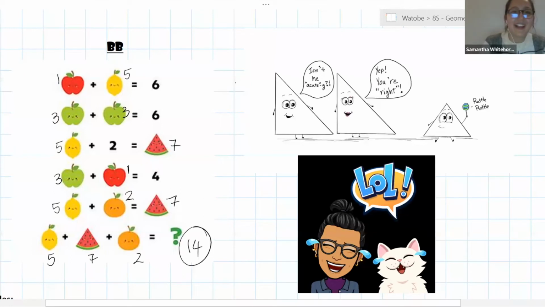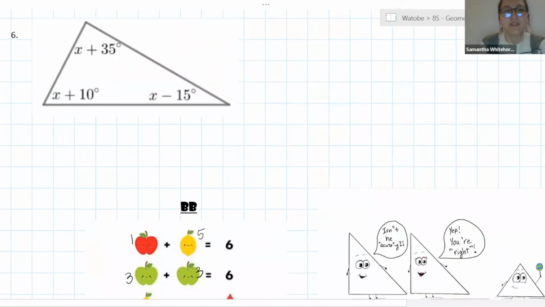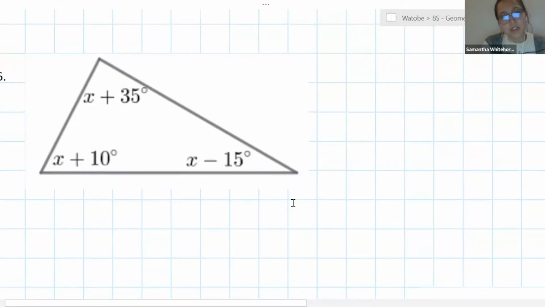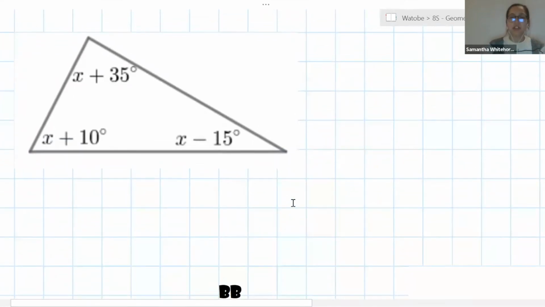Let us have a look at something a little bit trickier. I've skipped a couple just because those were easy and you guys were doing really well. Let's have a look at this question. I'm going to give you a chance to do this by yourselves. I want to know the value of x.